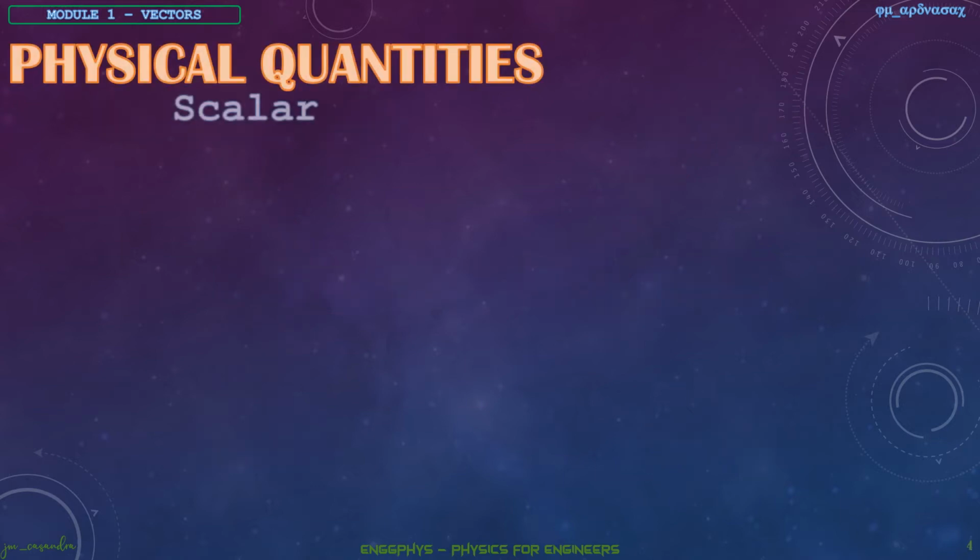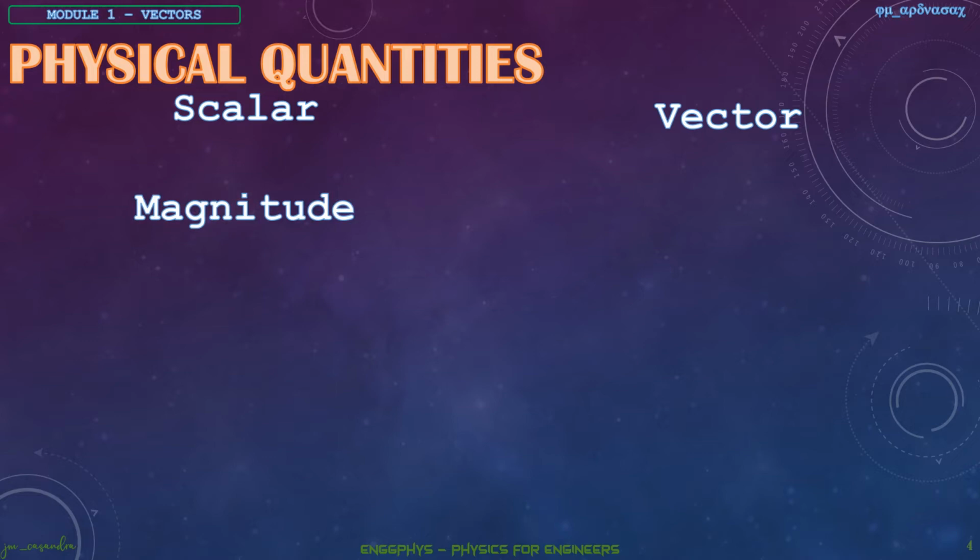So, as I have said, for our physical quantities, for scalar quantities, we have the magnitude. When we talk about the magnitude, that would simply be the value or the amount and your unit. So when I say 3 meters, that's a scalar quantity. It has a value 3 and it has a unit meters.